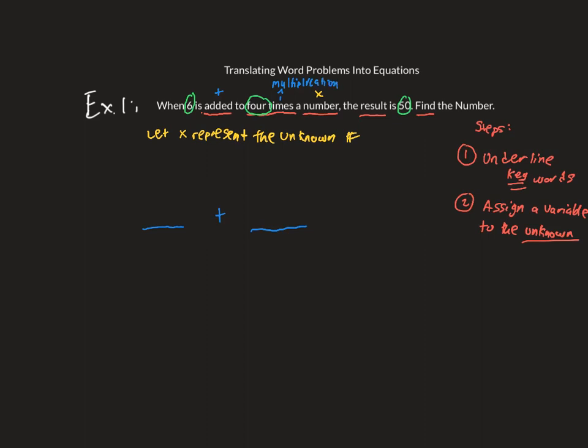Okay, so I'm saying when 6, so that's my number there, 6 is added, there we go, have my added right here already, to 4 times, so I'm going to write 4, that says times, it's a multiplication symbol, a number, and I don't know what that number is, so I'm giving it the x. The result, whenever you see the word result, that just means equals. So result equals 50.